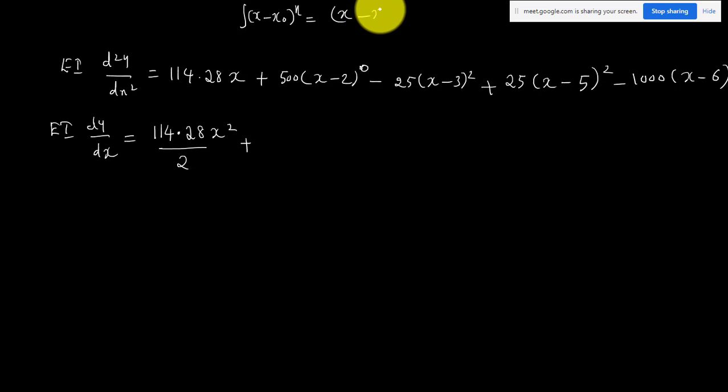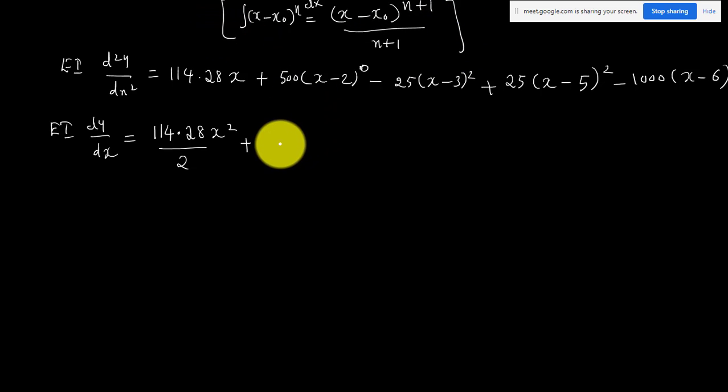You just take it as usual: the integral of (x minus x0) power n dx is equal to (x minus x0) raised to n plus 1 by n plus 1. So this is your integration.